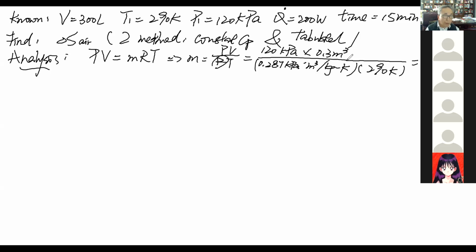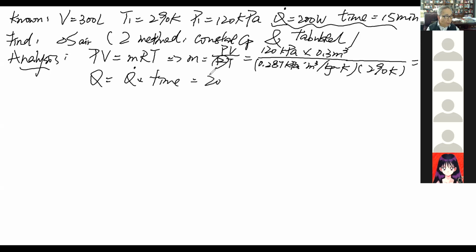And then we know the Q dot, we know the time. We can find Q, which is Q dot times time. We need to change this minute to second.